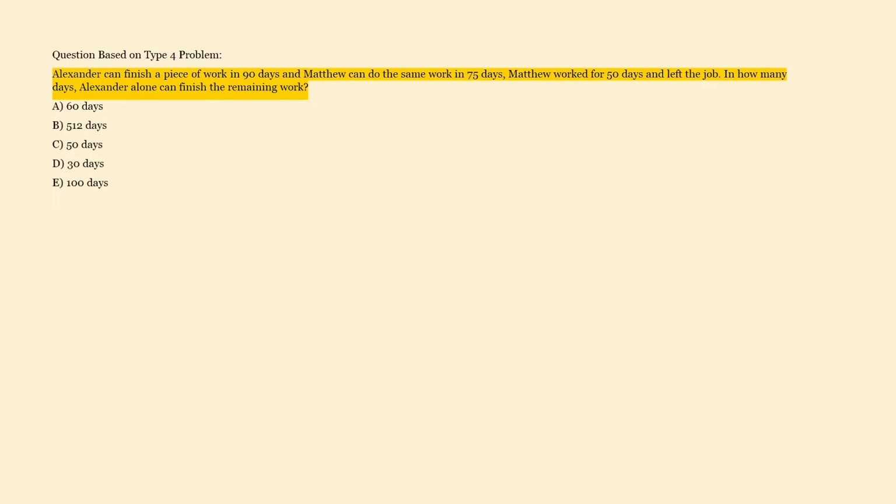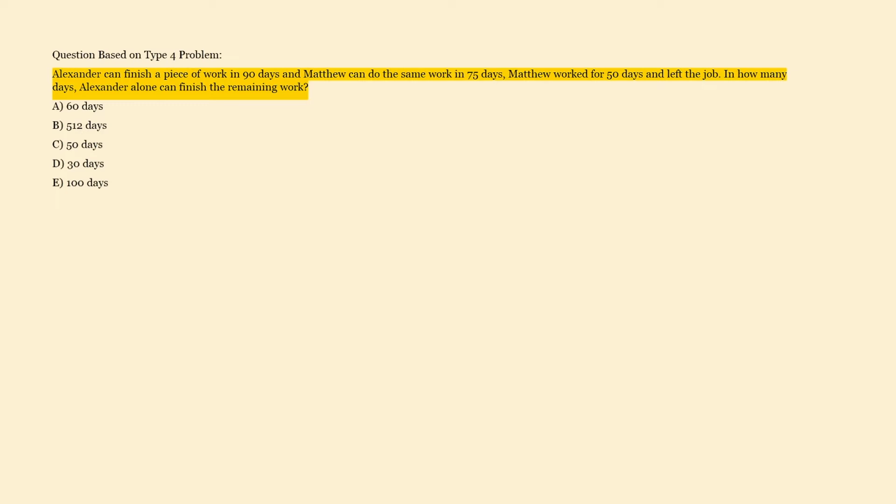You read the exact language of the question which is given here: Alexander can finish a piece of work in 90 days and Matthew can do the same work in 75 days. Matthew worked for 50 days and left the job. In how many days can Alexander alone finish the remaining work? So we need to find out how many days Alexander worked.